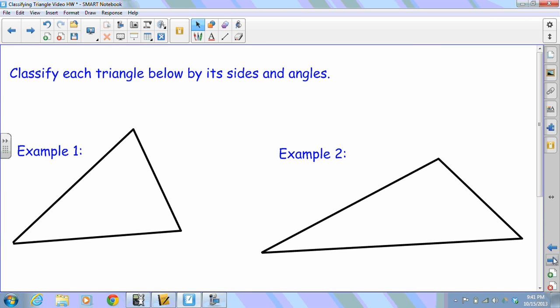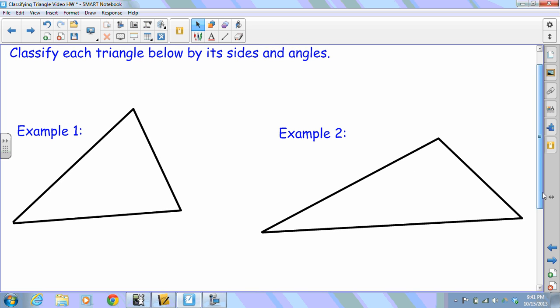Okay, let's go ahead and work out these two examples together. We want to classify each triangle below by its sides and its angles. This should follow along on your notes, the handout from class today. So find example 1. Now, when I look at the sides, none of the sides are marked congruent. So I know it has to be a scalene triangle.